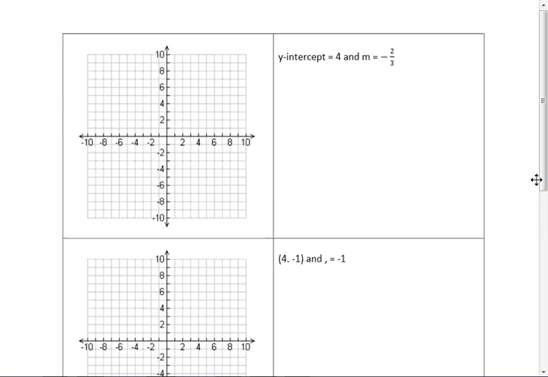Okay, ready? Michael, you don't even have to sharpen your pencil. Now, what if it's a y-intercept? Michael, what's a y-intercept? It's where the line crosses which axis? Okay, so I want to put my point on the y-axis at 4.